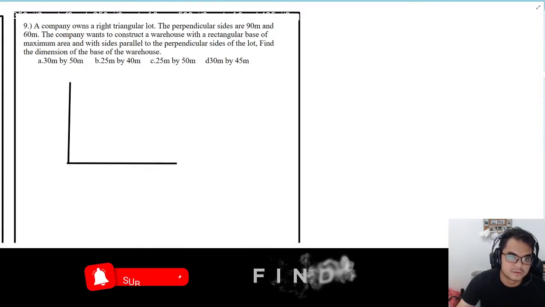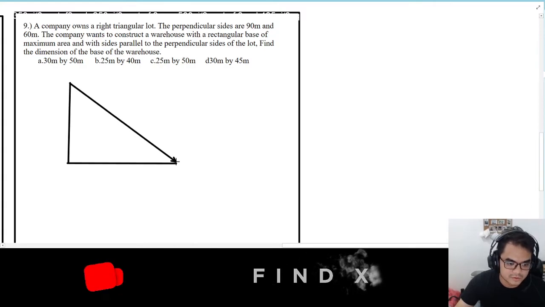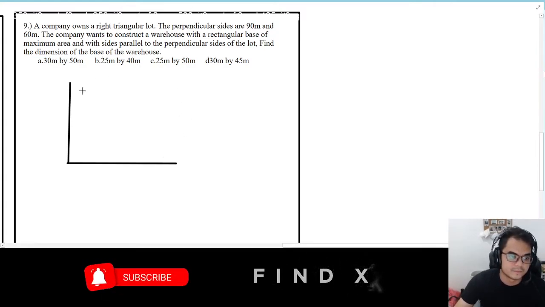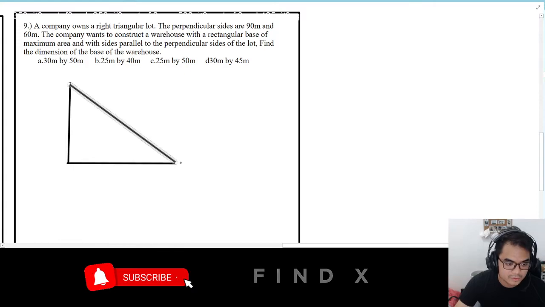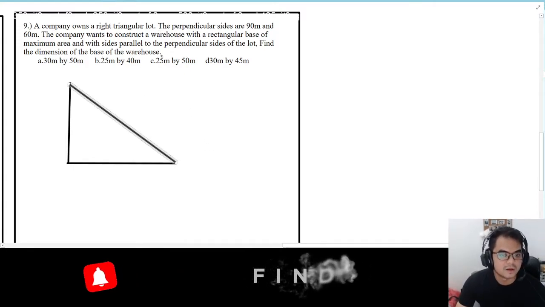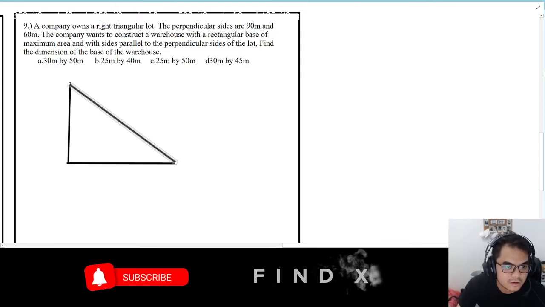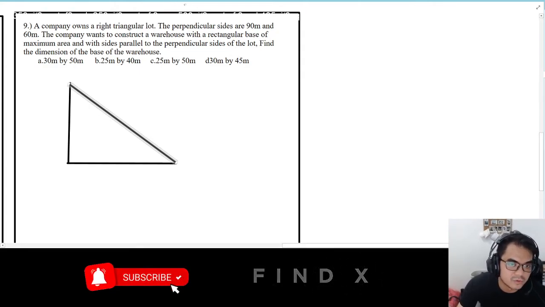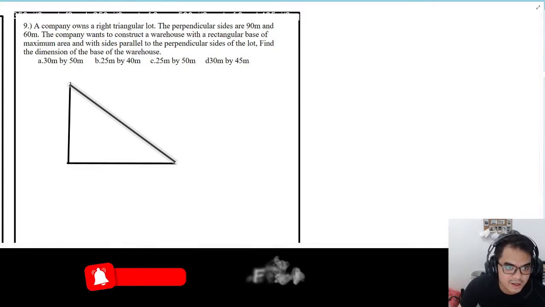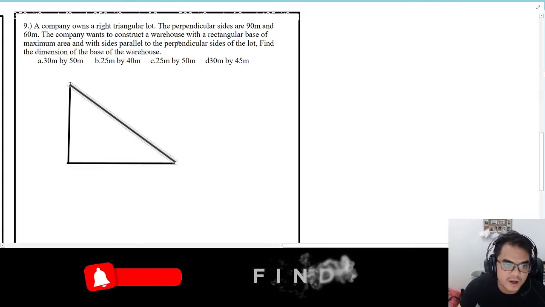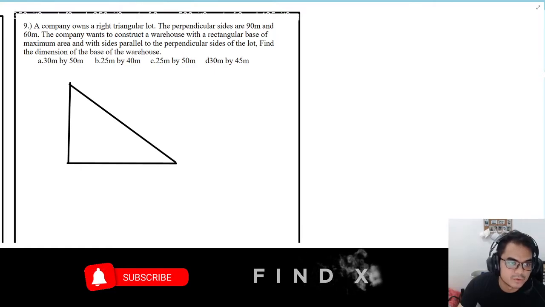Okay, let's say this is the triangle, and let's just connect this. So this is your right triangle, right? And then you'll have here a rectangular area, right? But the rectangular base must be in maximum area. So this is your differential calculus, or the application of maxima and minima.